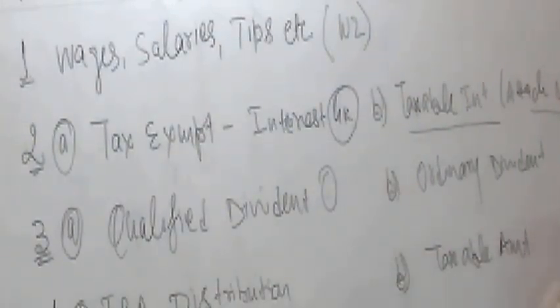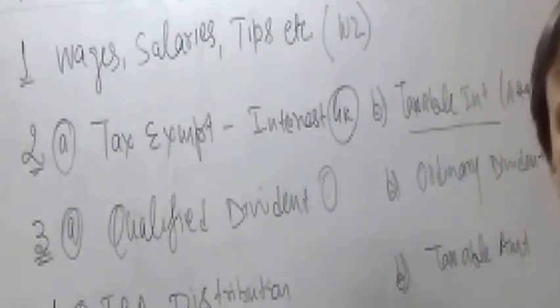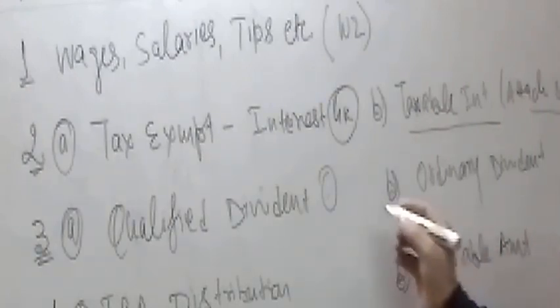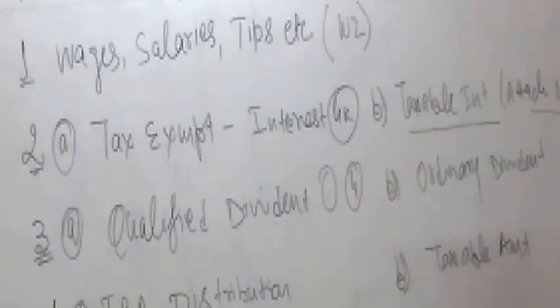Otherwise, whatever the ordinary dividends are, like someone received 10,000 again, and out of that 10,000, 4,000 was received from long-term dividends, that will be written here in the A section.